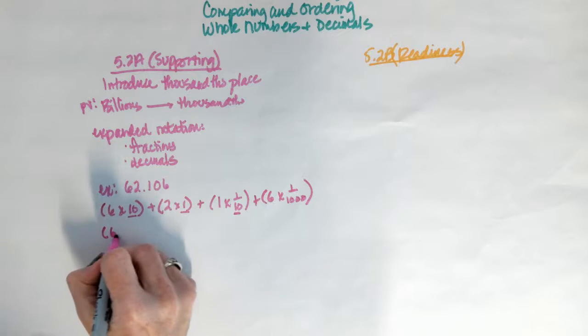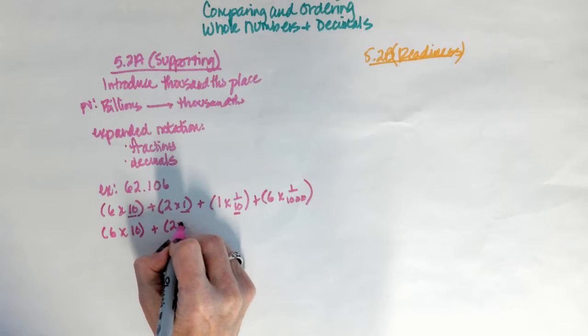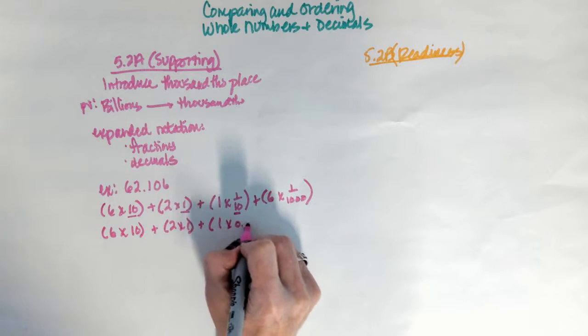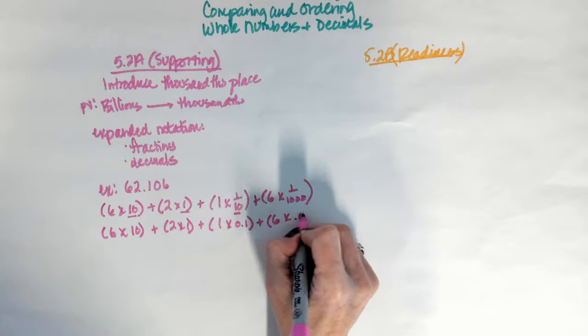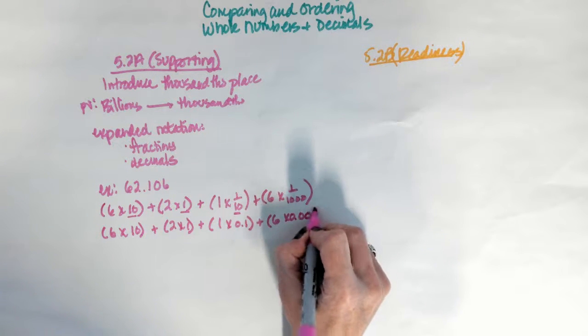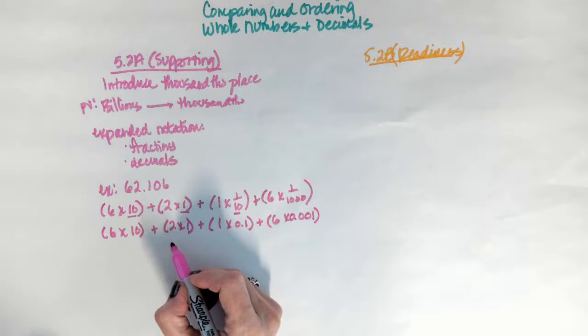The other way is to write that with decimals instead of fractions. So that would look like 1 times 1/10 and 6 times, I missed my 0, 1,000th. So notice this represents the exact same number.